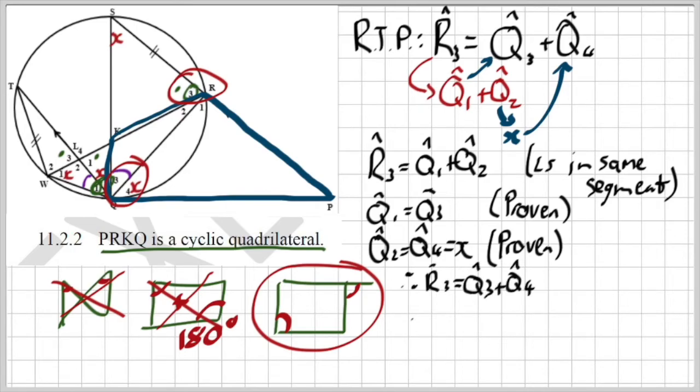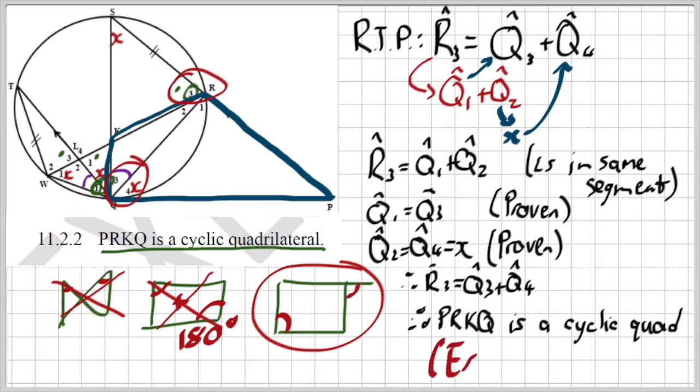Angle R3 must be equal to Q3 plus Q4. And this leads me towards saying, therefore, PRKQ is a cyclic quad. And why is this? Because the exterior angle is equal to the interior opposite angle. Okay? And there, ladies and gentlemen, we have proven this absolutely amazing sum.